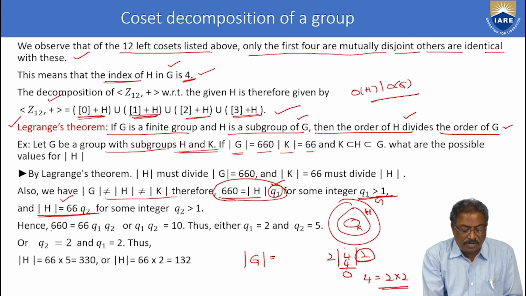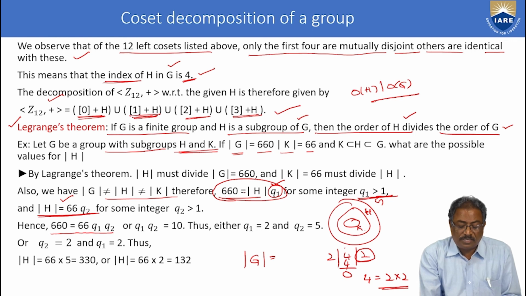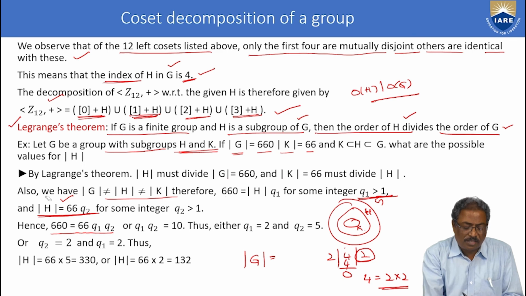Now I have to just substitute the values here. I get 660 is equal to, H is 66 into Q1 Q2. I am just combining these two.